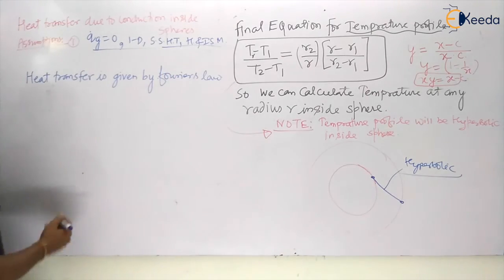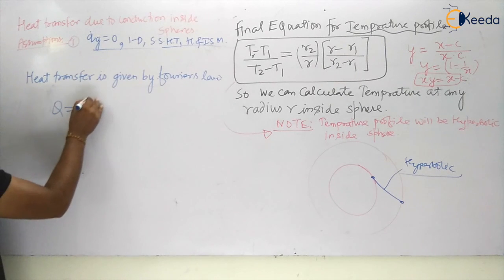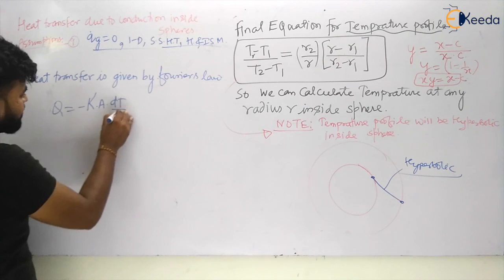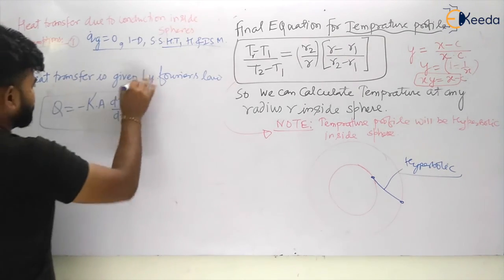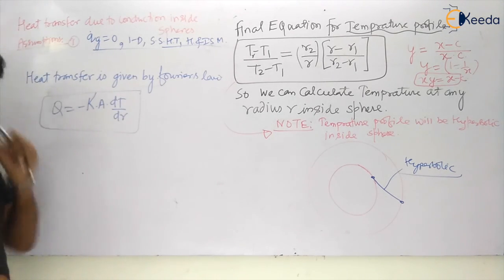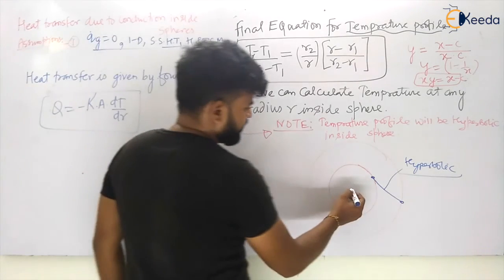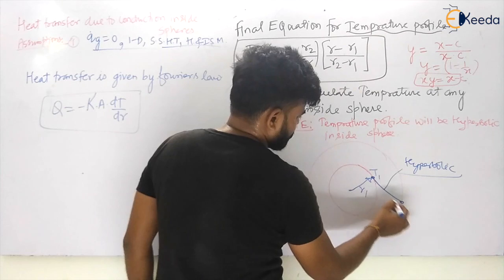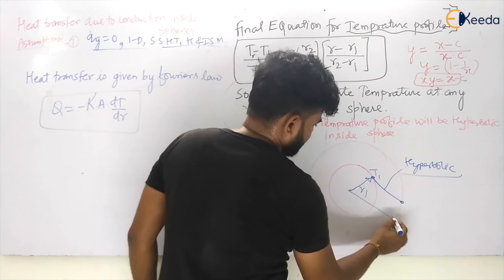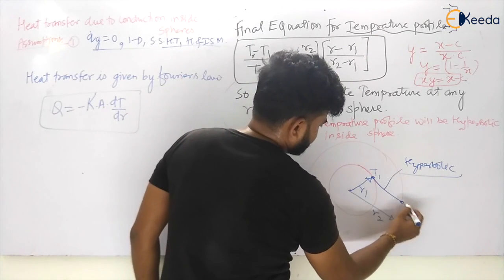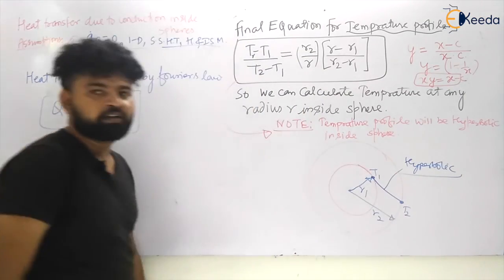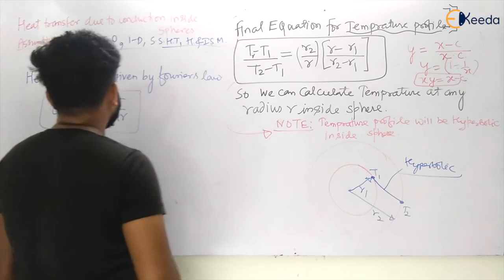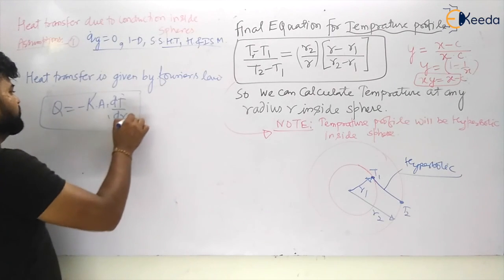So Fourier's law, we know, Q is equal to minus kappa into A dT by dr. Now putting the value of dr and area A. So what will be the area in this case, my dear students? This was your R1, this was your T1. This was your R2, this was your T2. Okay, the temperature profile will be hyperbolic. So K A dT by dr. So how can I calculate the value of dT by dr, my dear students?